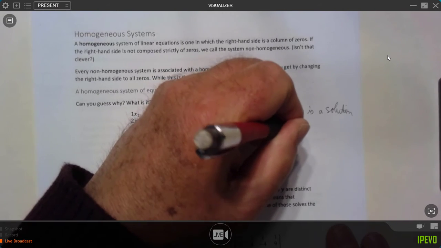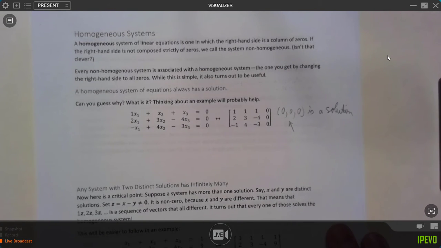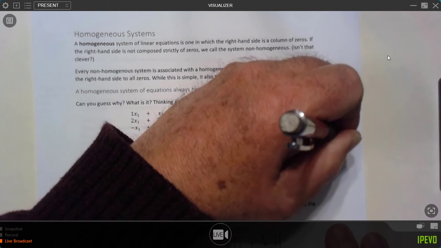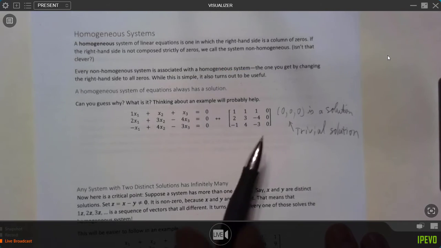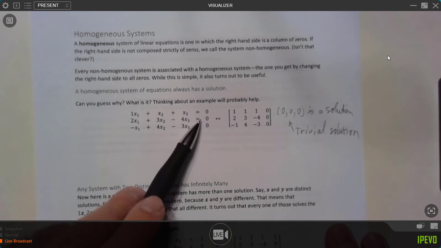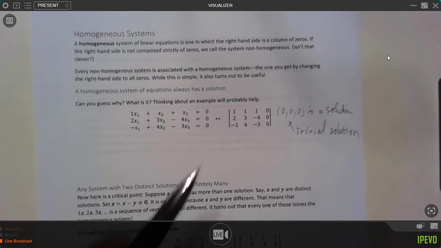Now, this solution, because it really takes no calculation to figure out that it works, is known as the trivial solution. It's the trivial solution, of course, of a homogeneous equation. If this were non-homogeneous, it wouldn't be obvious what the solution is, or if there is one, you'd have to do some calculations.